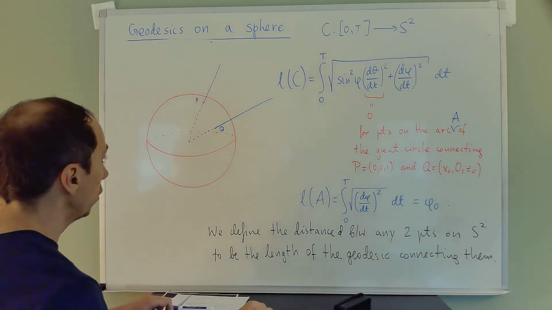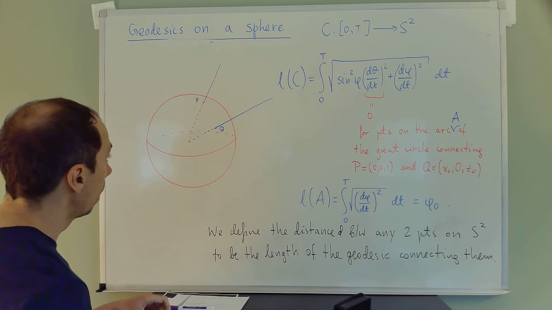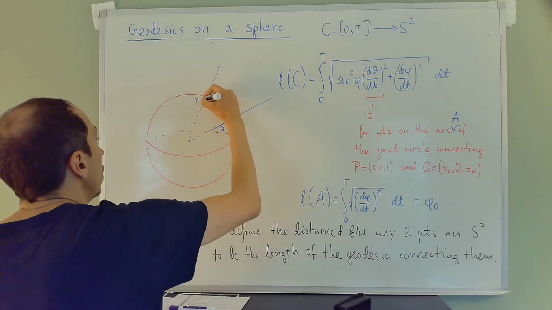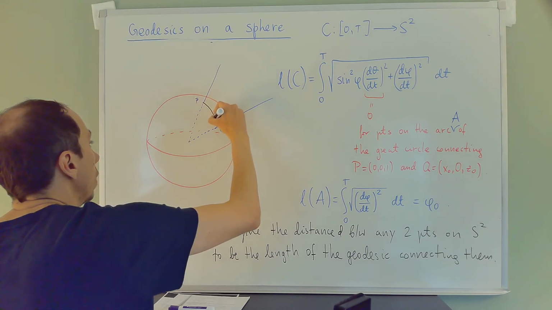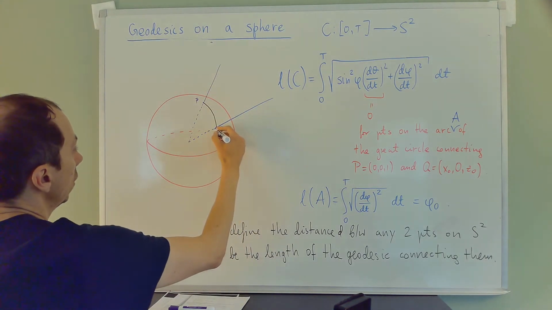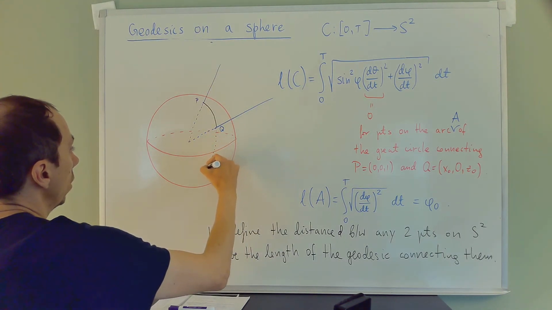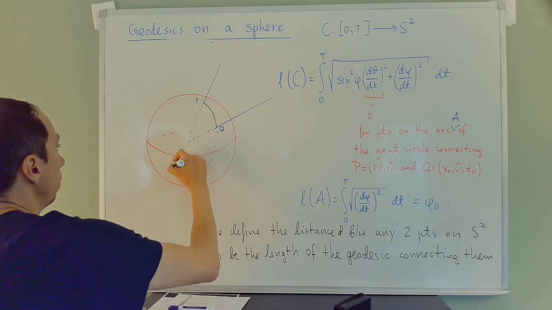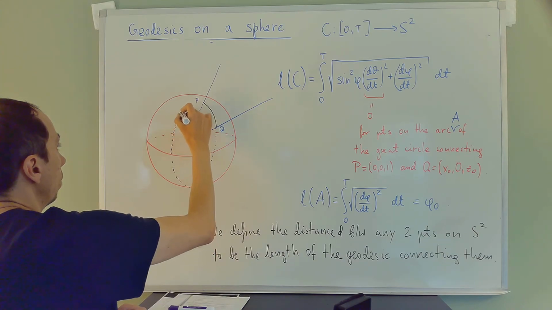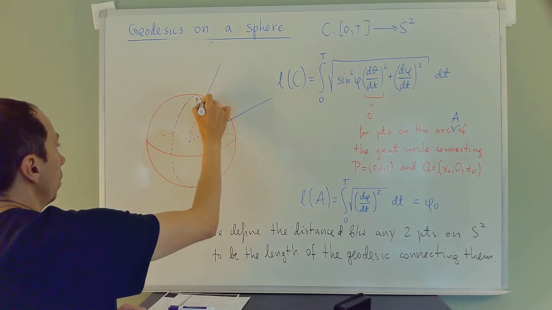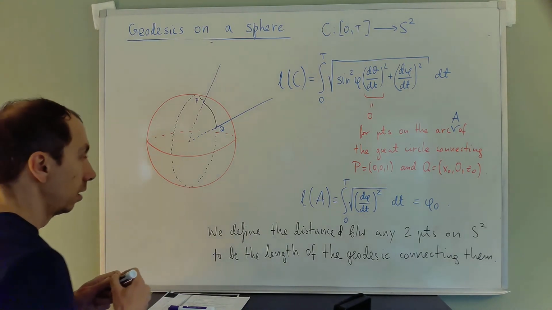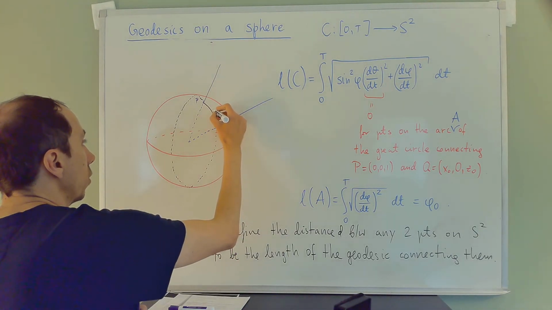And then I know there's a great circle that connects these 2 points. So somewhere here is the arc of the great circle, right? The circle goes all the way around. That's the arc.